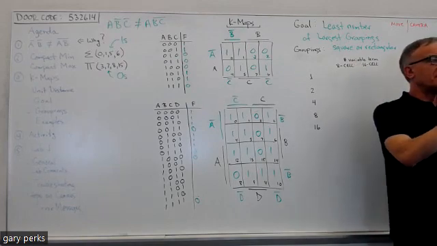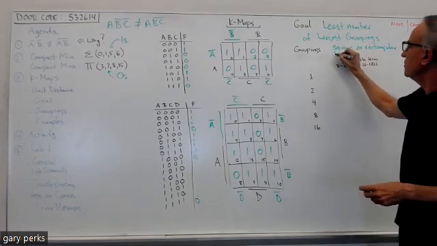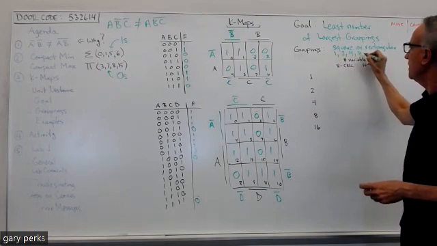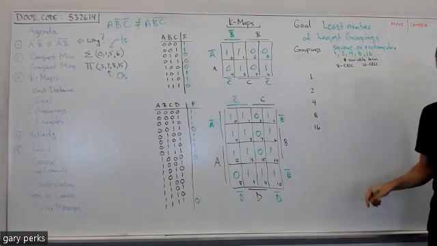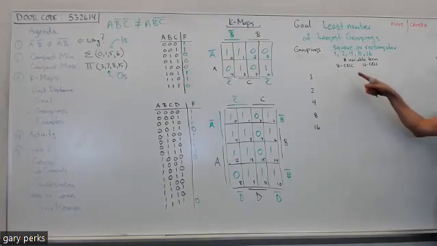And whether you're grouping ones or zeros, those groupings can only be 1, 2, 4, 8, or 16. You can't have groupings of 3, can't have groupings of 6, or any number other than 1, 2, 4, 8, and 16. You're going to see why this is true when we start doing some examples.